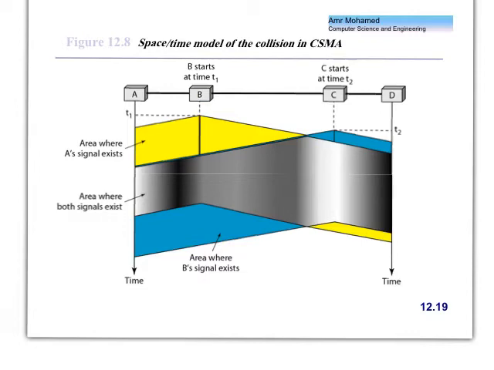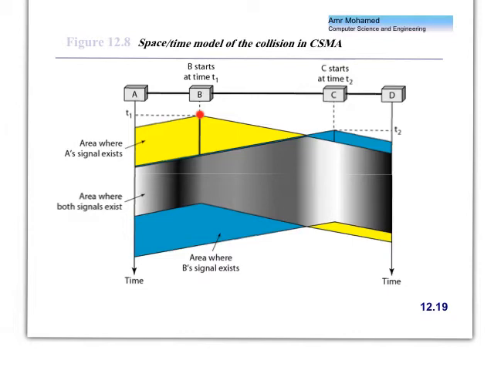So station B at time t1 has a frame. It measures the energy level over the line. No one is sending. Remember that this is the time, and this is the space. So B has some distance between B and C. B, at time t1, has a frame to send.